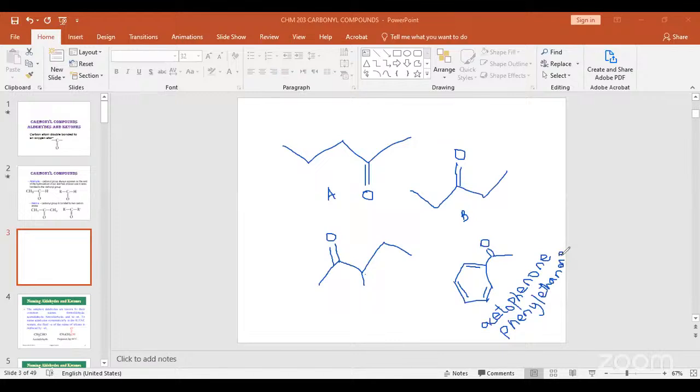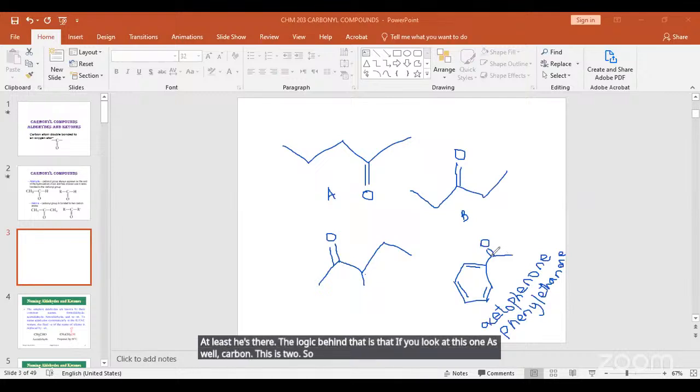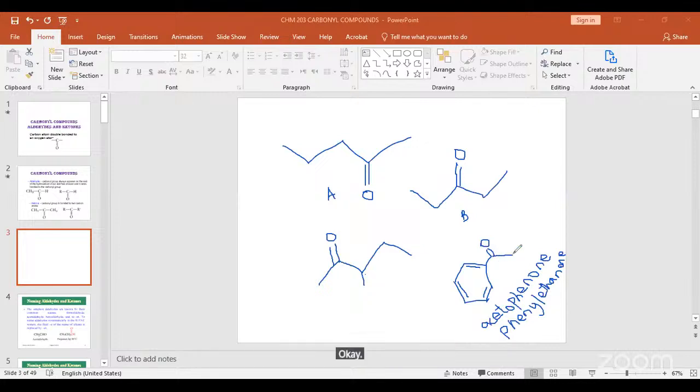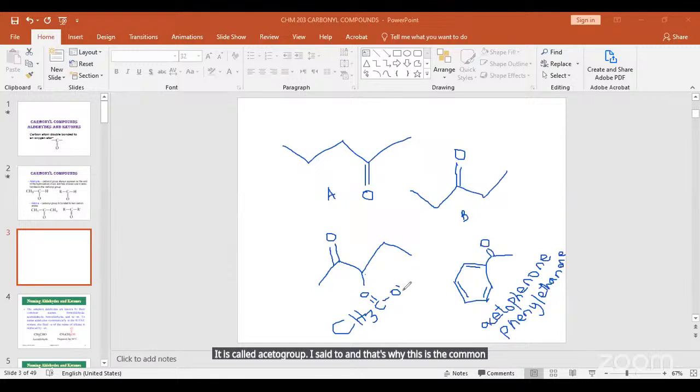Don't mind my writing. Phenylethanone. And the logic behind that is that if you look at this one, that's one carbon, this is two. So you have two carbons there. Now, if you have CH3 C double bond O, it is called the aceto group, as in acetic acid.